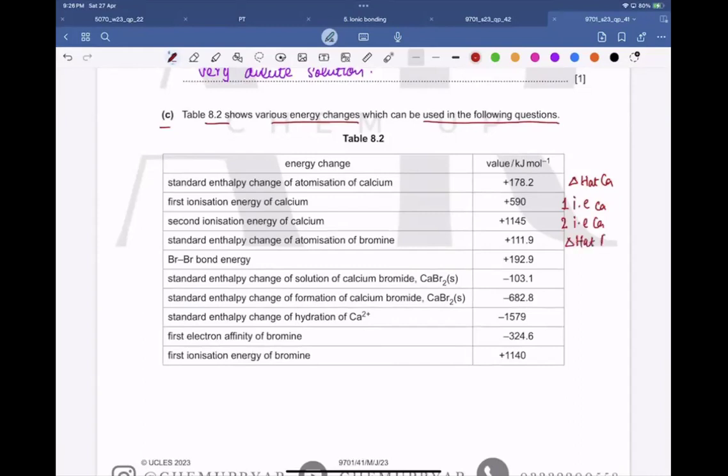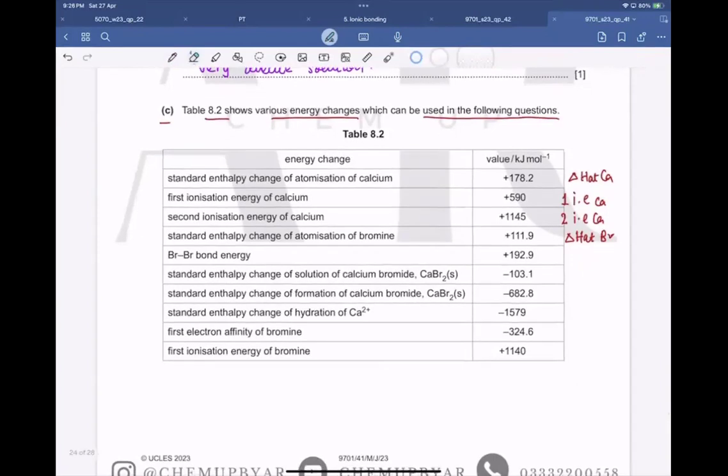Atomization of bromine. Bond energy of bromine. And if you recall, as bromine is a diatomic, the bond energy divided by 2 gives me the atomization as well. No, not for bromine because bromine is a liquid. Sorry, for a gaseous one, we would do this.